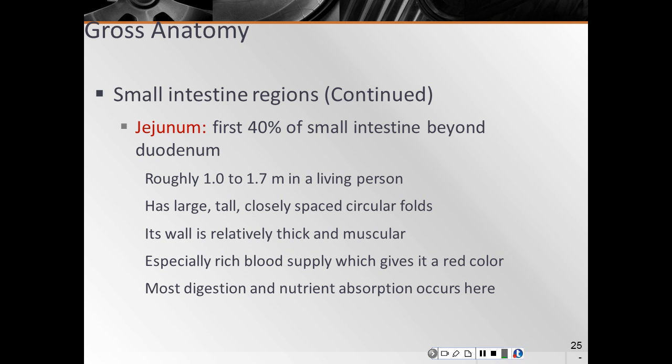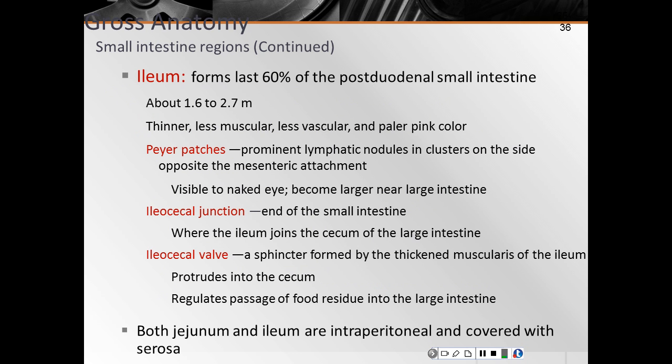Now, when we look at the ileum, it forms the last 60% of the postduodenal small intestine. So we're looking at it being about 1.6 to 2.7 meters. It occupies mainly the hypogastric region and part of the pelvic cavity.